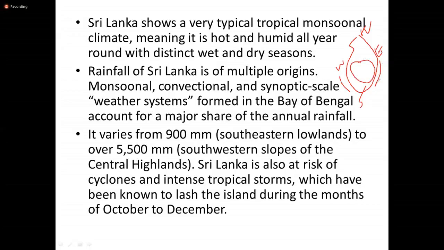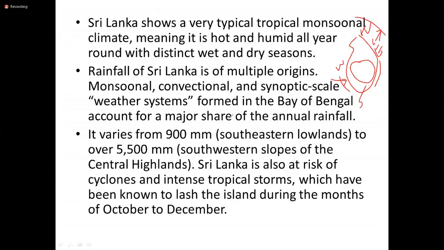So we have a southeastern slope and a southwestern slope, right? So then let's see the rainfall here. In the southwestern slope, we have the central highland, that's where we are receiving the highest amount of rainfall. You can see that in this area we have only a smaller, narrowed ocean, and the air is moving.